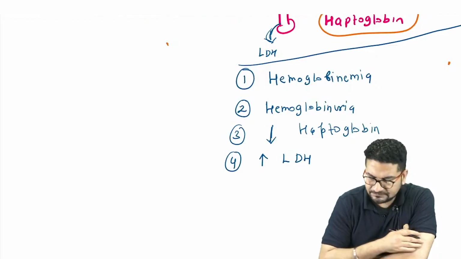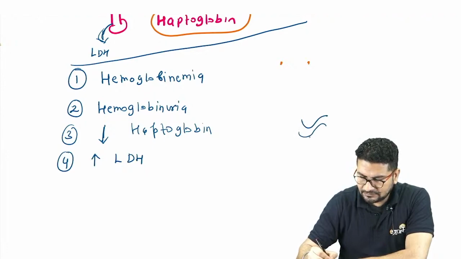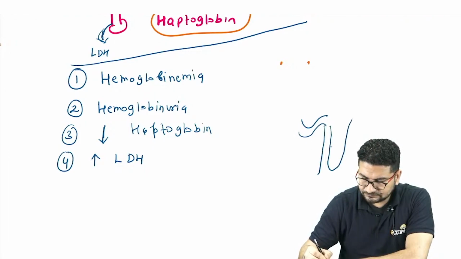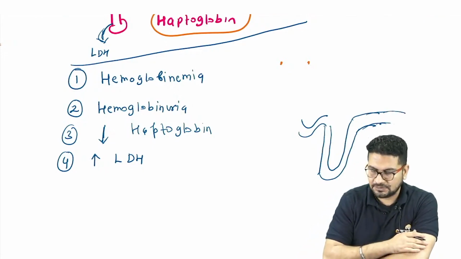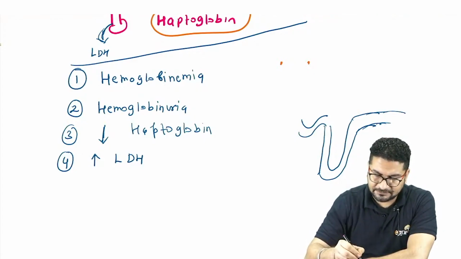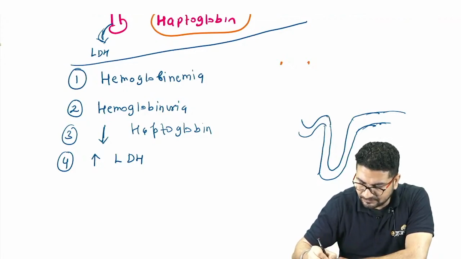Any doubt to anyone? Now see, if I say this is the structure of your tubules, when RBCs are going or they are excreting, some of the RBCs get stuck in the tubules.